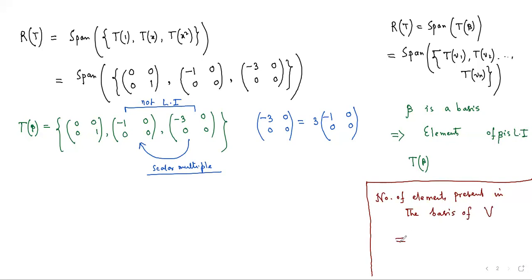Can you tell me? Number of elements present in the basis of the vector space, what do we call it?